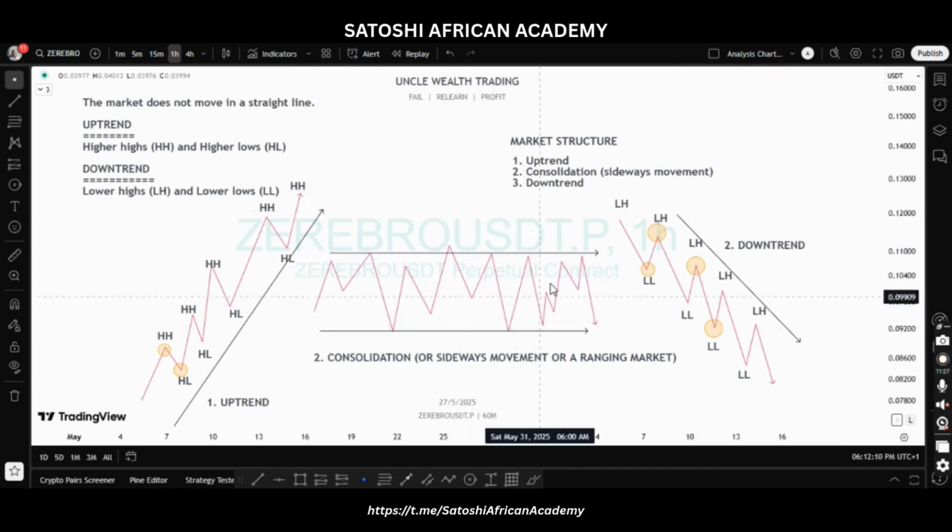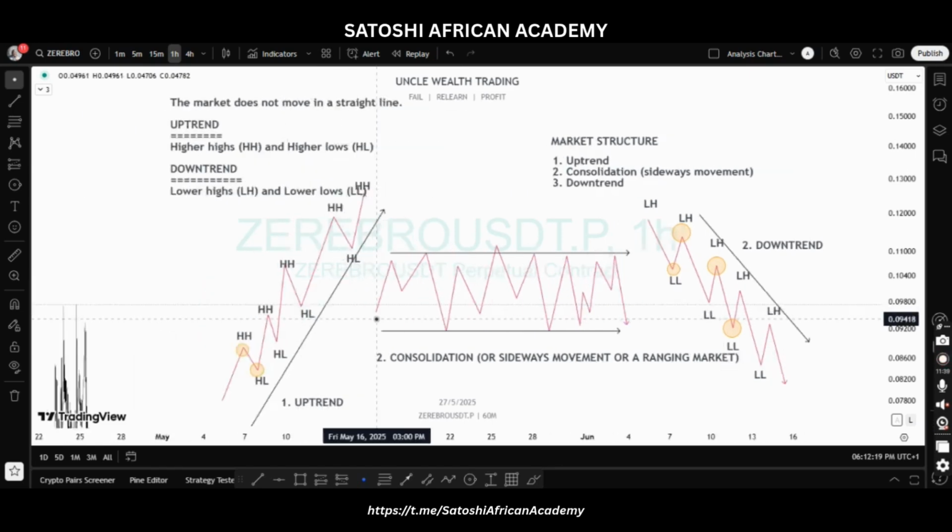So on the consolidation chart, a sideways movement, this is a ranging market.